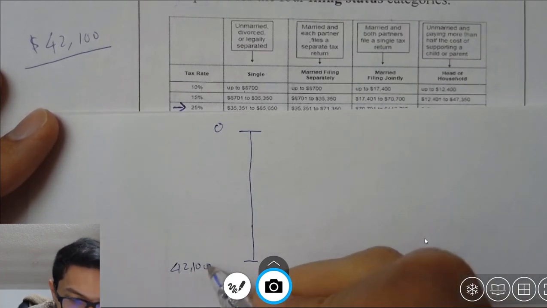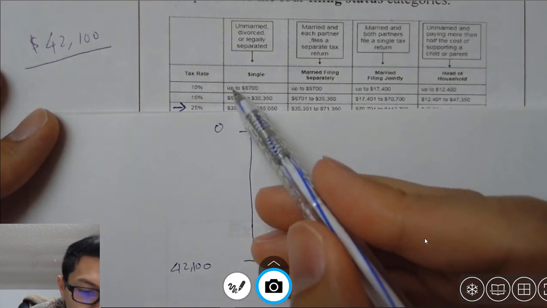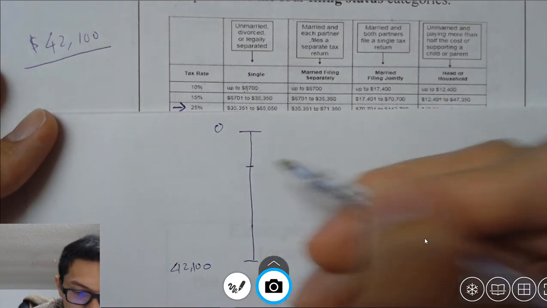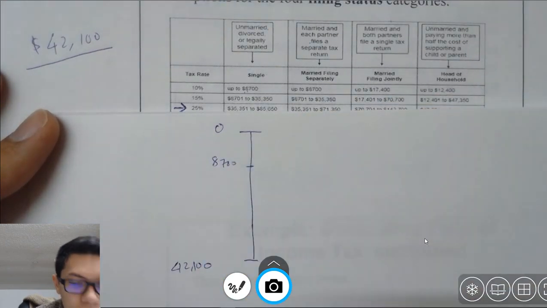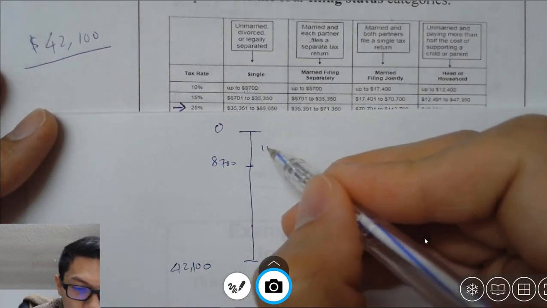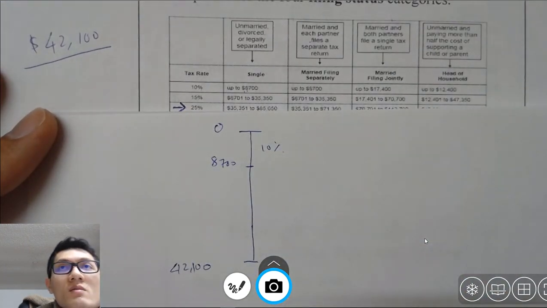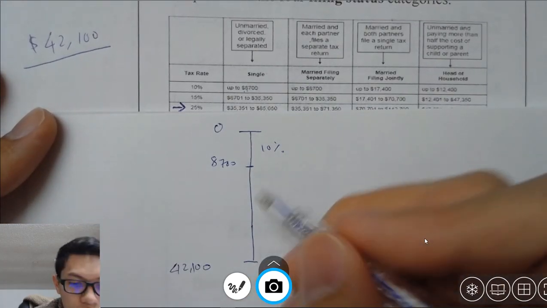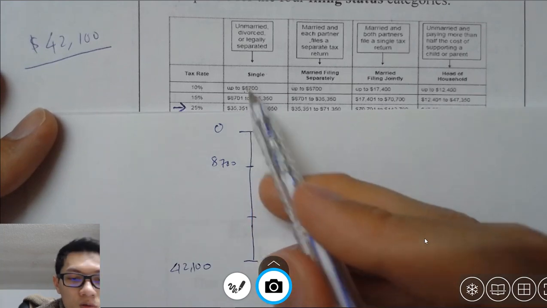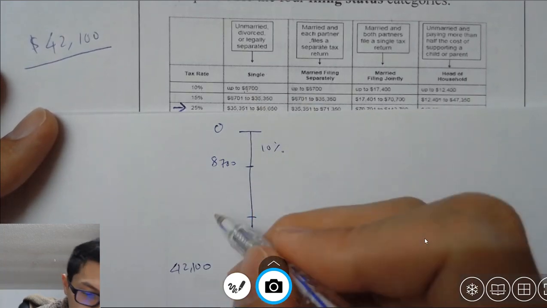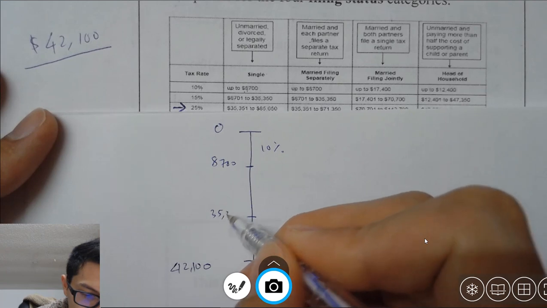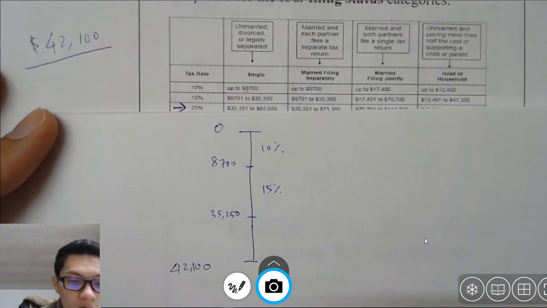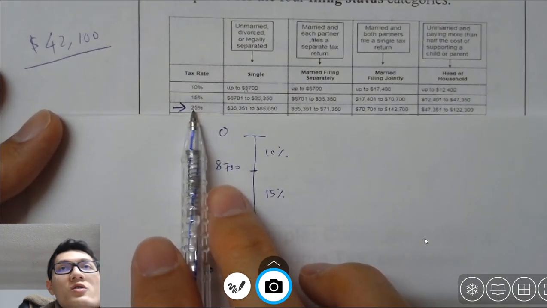Between 0 and 8,700, we apply 10% to that bracket. After that, until 35,350, we take 15%, and then she stops here. 25% is the rest.